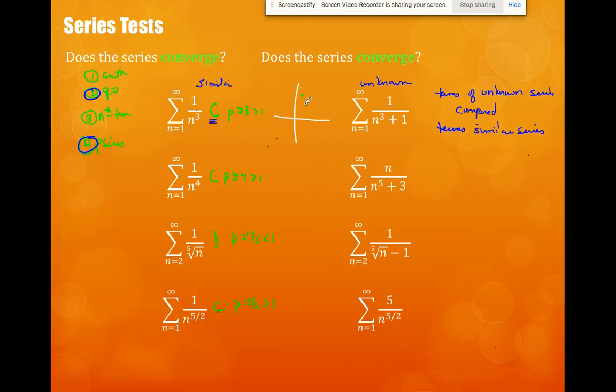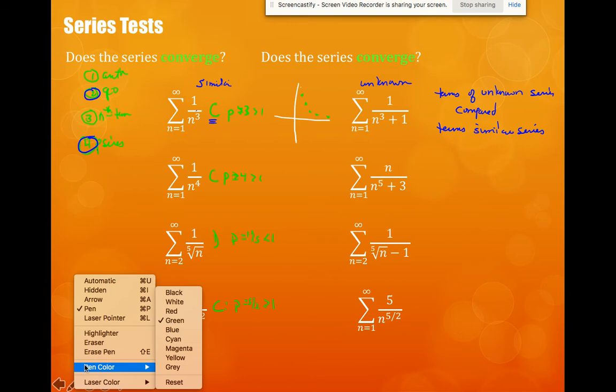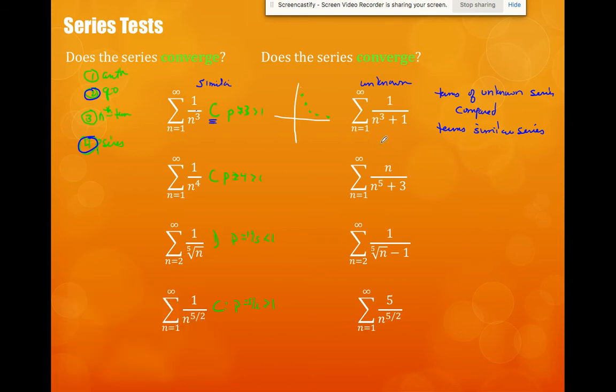The terms go to 0, and because it's a p-series, I know that not only do the terms go to 0, but the sum converges. Talk to me about the terms of the unknown. Talk about their position.